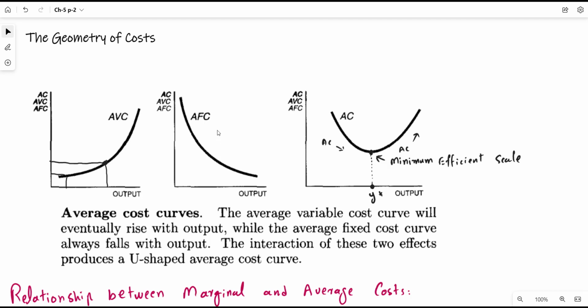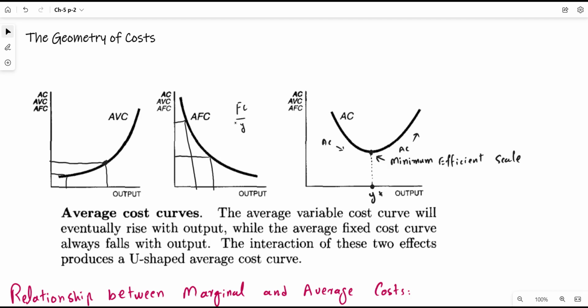Now, if you look at the average fixed cost, as long as your output level increases, your average fixed cost decreases. This is so because if you look into the mathematical form, average fixed cost is fixed cost divided by total output.